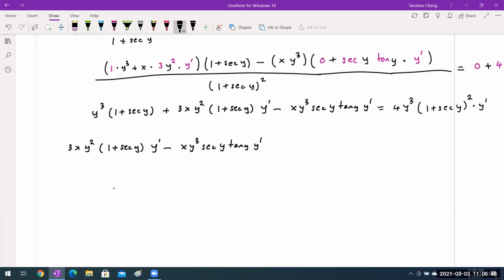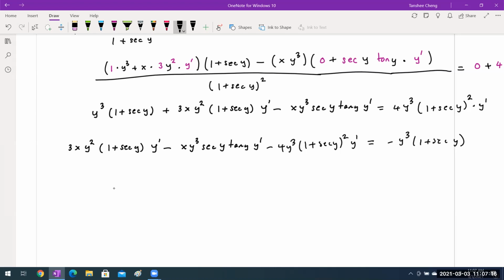So now I'm going to be subtracting this 4y to the third 1 plus secant y quantity squared y prime, and then on the right hand side I'm going to have to move this term to the right hand side. So I'm going to be subtracting that from both sides. So it will be minus y to the third 1 plus secant y.